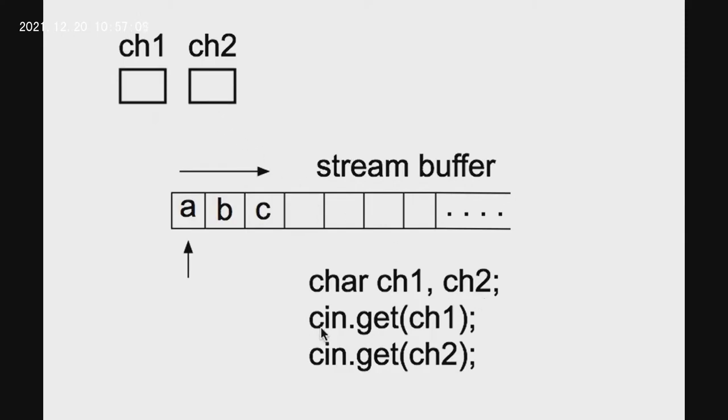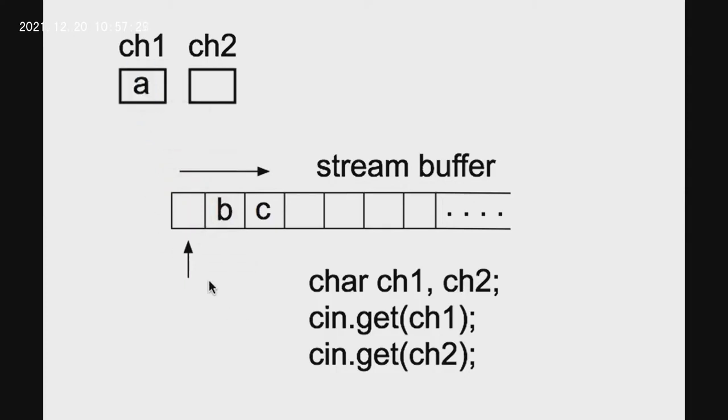So when we reach this first cin.get statement, that will remove the first character from the buffer and store it at memory location ch1. So the A goes from the buffer into ch1.